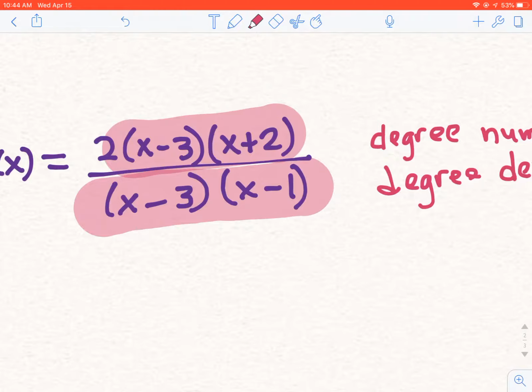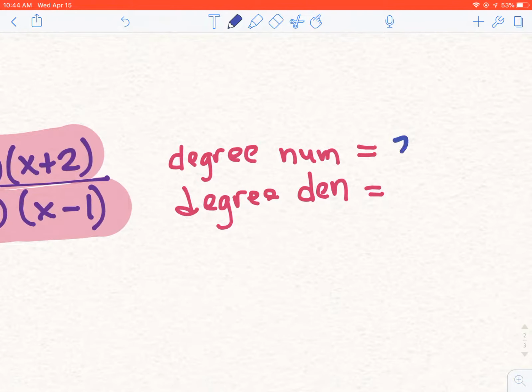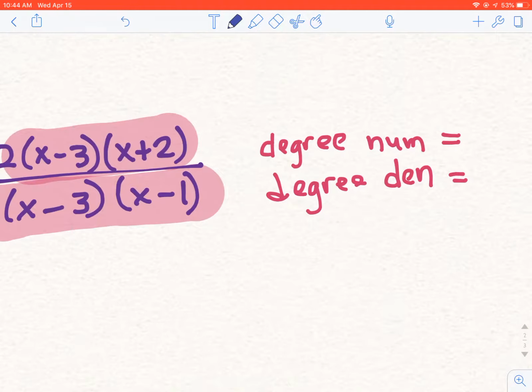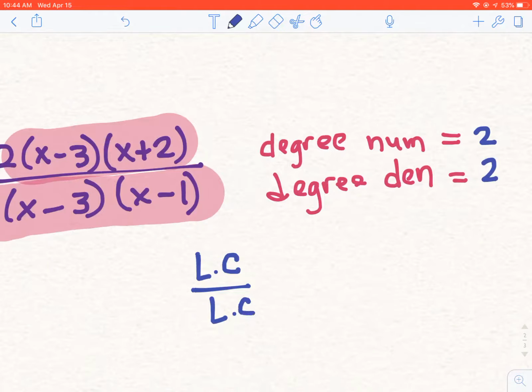Even if I had canceled these, which is okay, my degrees would still be the same. So you can either call them both 2, which we should, because I should do it before I cancel, or even if you cancel first, you can call them 1 or whatever, but our degrees are the same. That's the important thing. So now we need the leading coefficient divided by the leading coefficient.